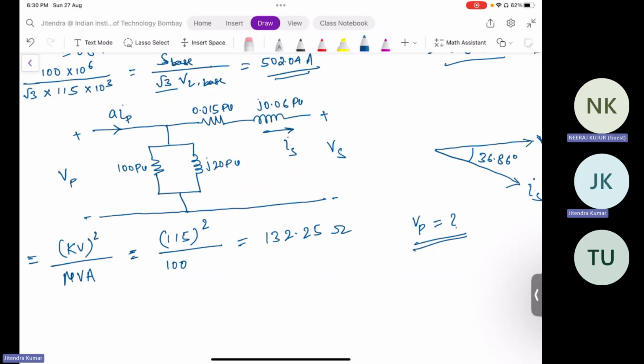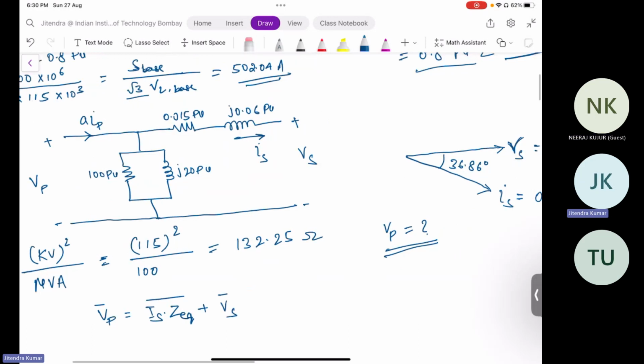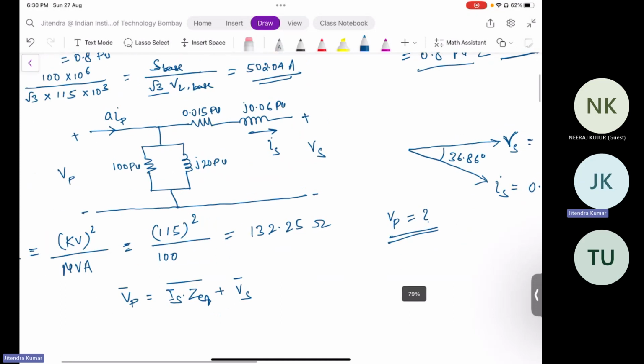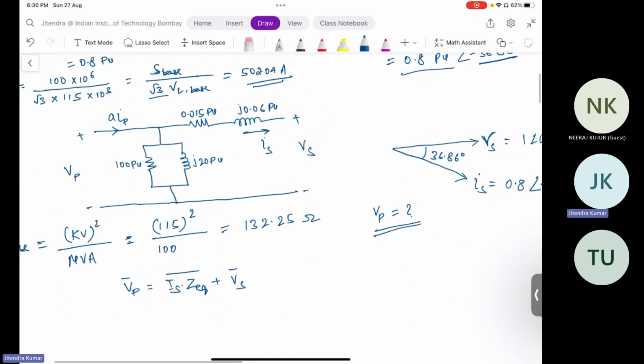Sir, Vp is equal to Is into Z equivalent plus Vs. Great. Since we are in the per unit system right now, we can exploit the per unit values.